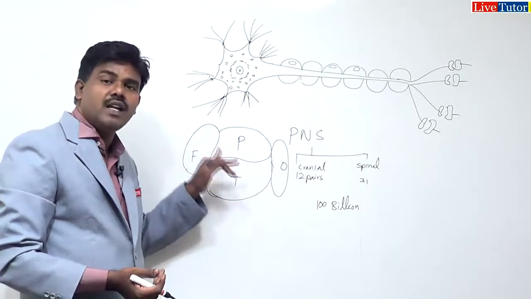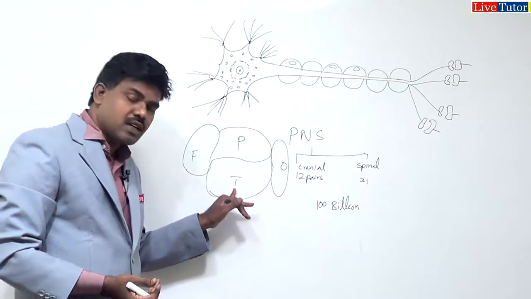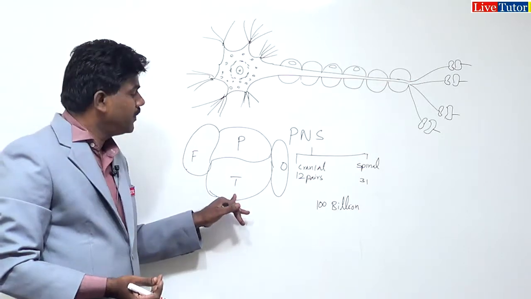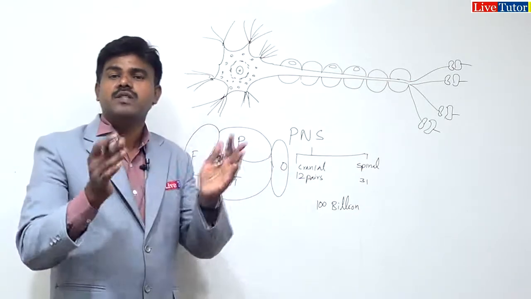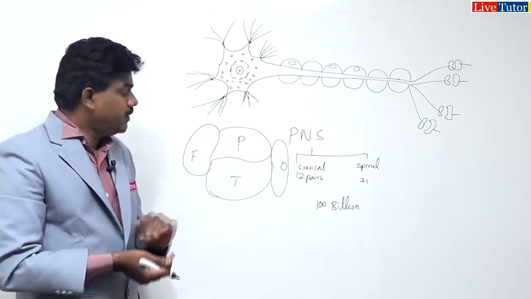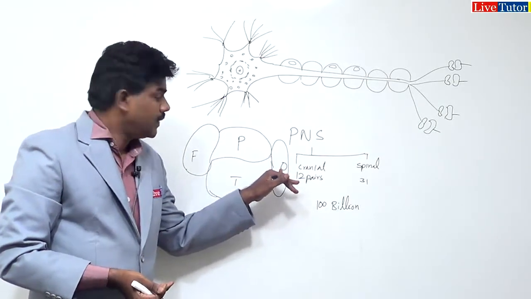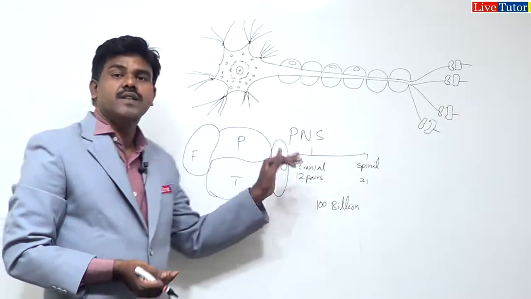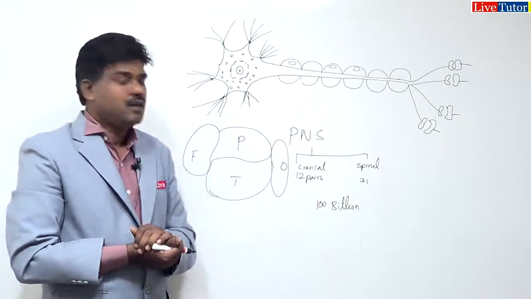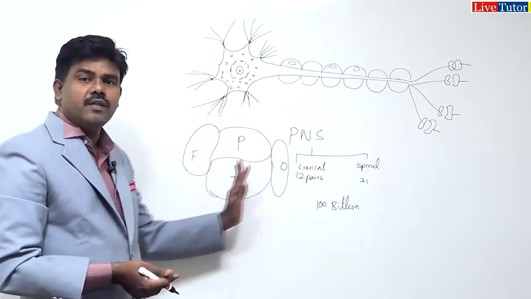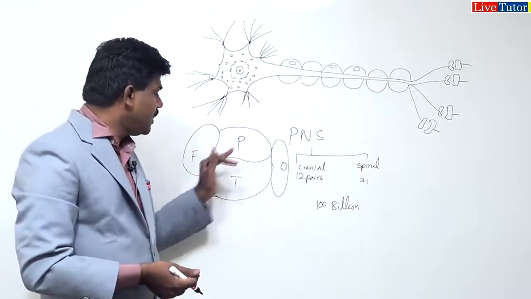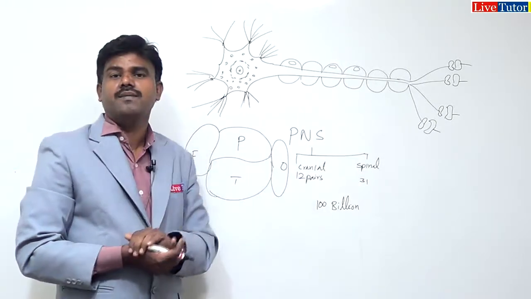Then the occipital lobe is responsible for vision. So these are the four areas of the brain. Based on function, it is divided into four parts: frontal, parietal, temporal and occipital.